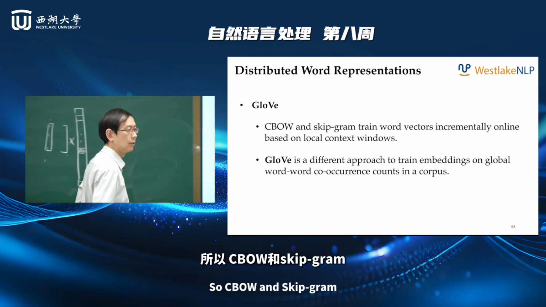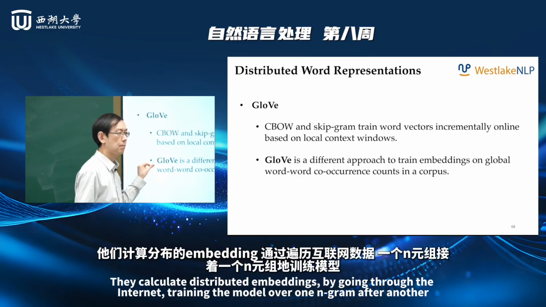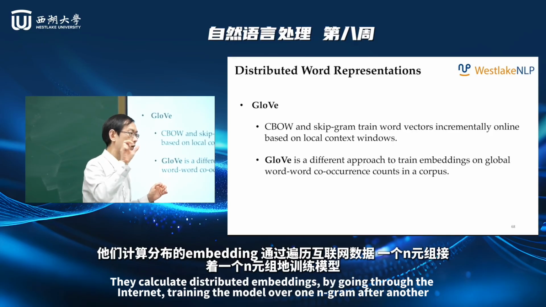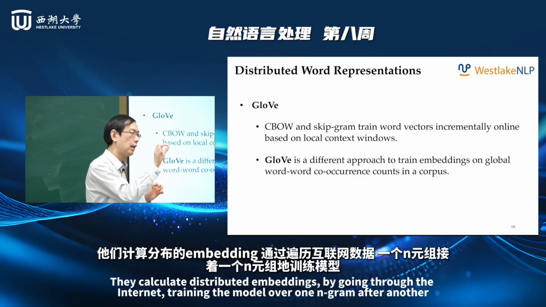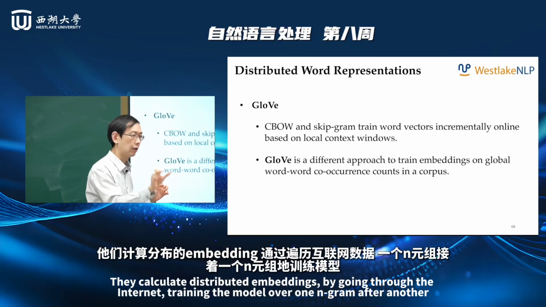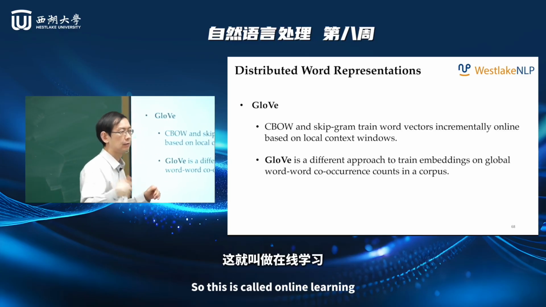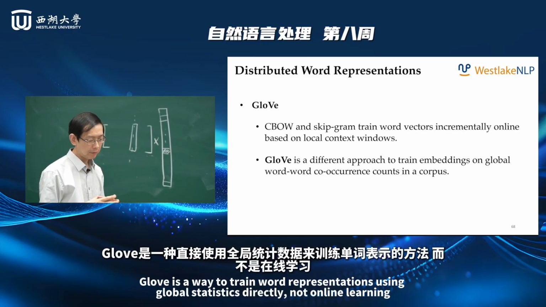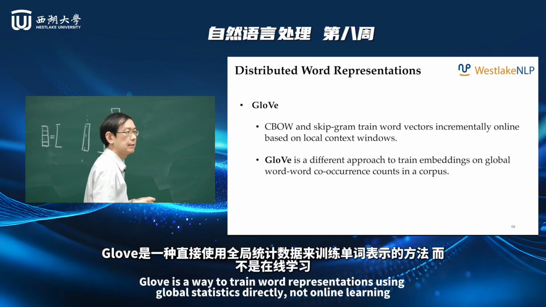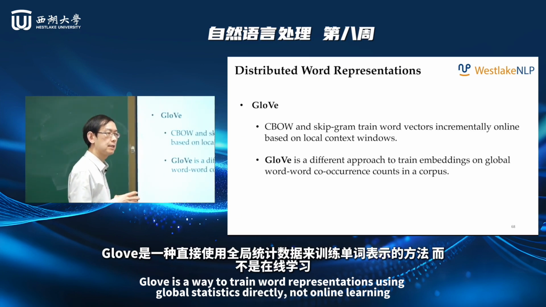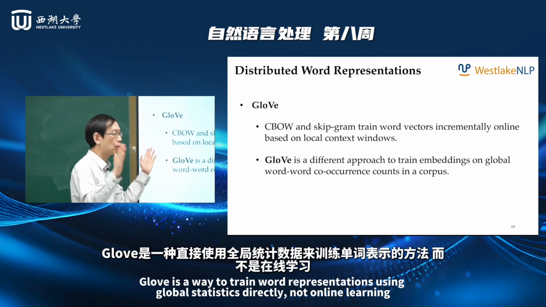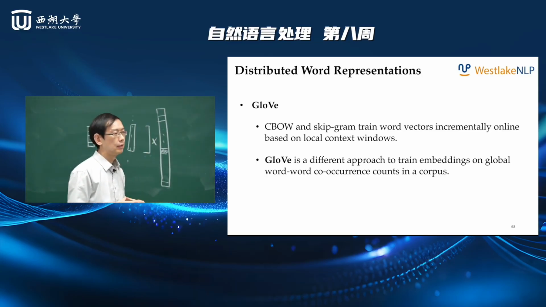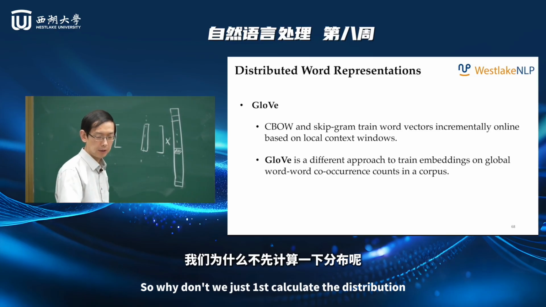CBOW and skipgram calculate distributed embeddings by going through the internet, training the model over one n-gram after another. This is called online learning. GloVe is a way to train word representations using global statistics directly, not online learning. So why don't we just first calculate the distribution?